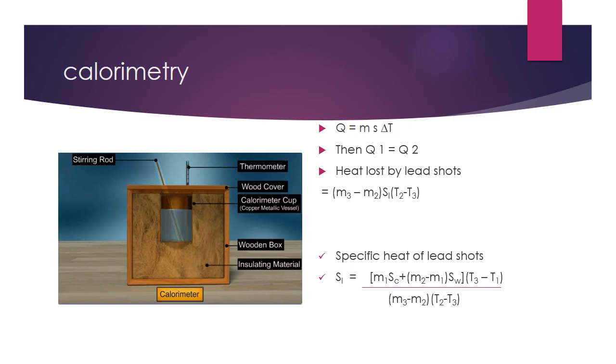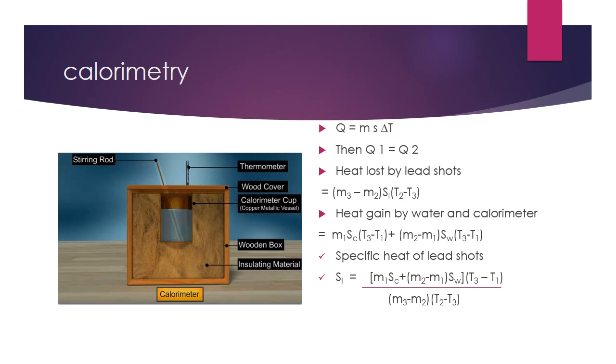For lead shots, it is (m3 minus m2) into SL into (T2 minus T3). For water and calorimeter, you have to add those two Q values so that you will get a total. Why? Because lead shots lose their temperature and lose their heat, which is transferred to the water and calorimeter.